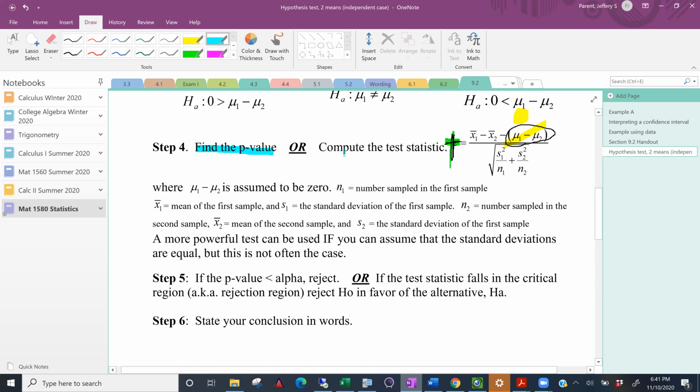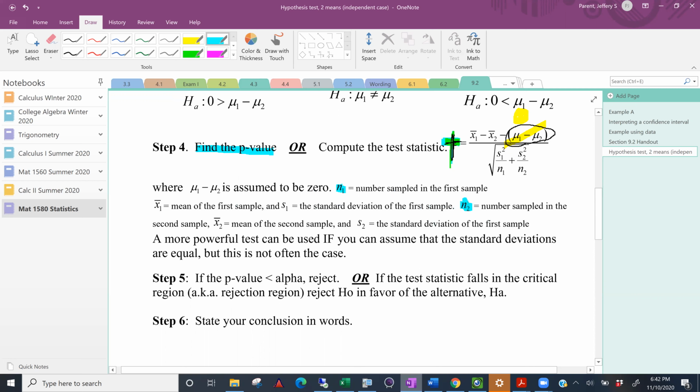I do have one mistake on your handout. The statistic that you're going to use in all this is based on a t distribution. So I accidentally drew a z distribution when I printed up the handout, but that should be a t distribution. Now, the advantage of doing it with some software is that you can actually get a better test, because people doing it by hand are going to say that the degrees of freedom is the smaller of n1 minus 1 or n2 minus 1.